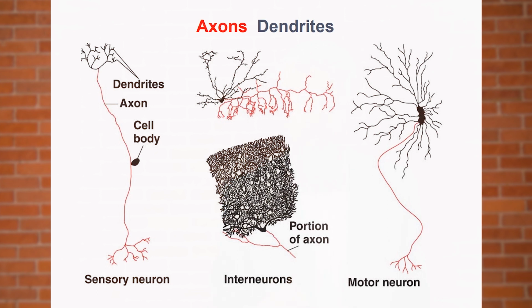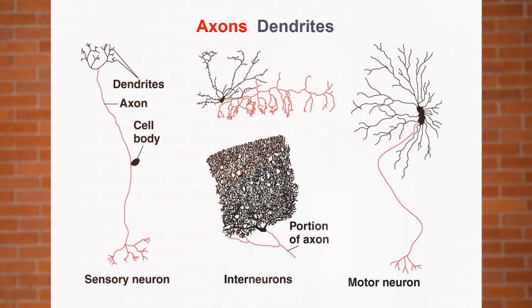You may have interneurons which may, within the peripheral nervous system, simply convey that information, or in some cases, such as in the central nervous system, have many, many thousands of dendrites which can connect to many, many different neurons.